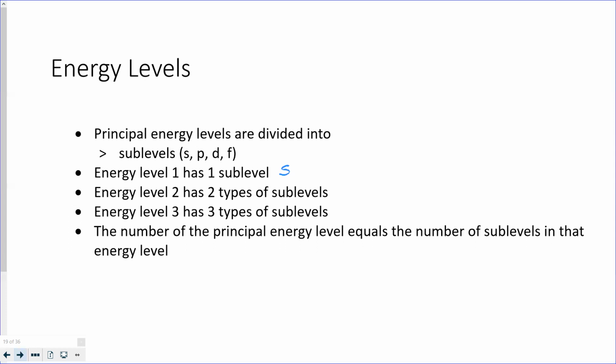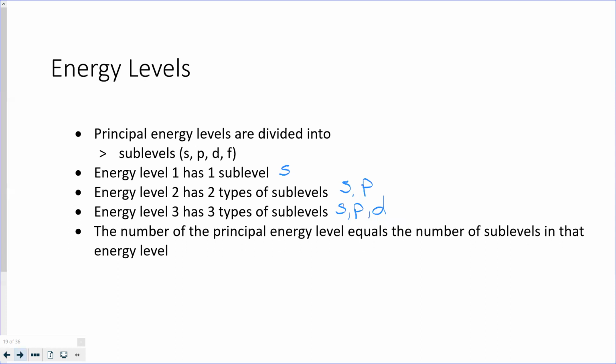Whereas the second principal energy level will have two types of sublevels. So it'll have an S sublevel and a P sublevel. The third energy level will have three types of sublevels. So it will have an S, a P, and a D. And then the fourth will have an S, P, D, and F.